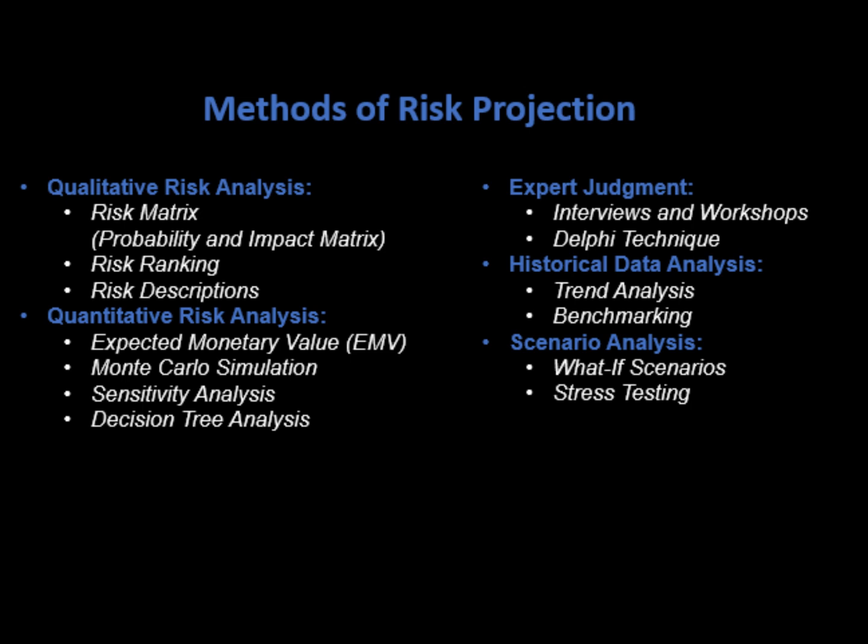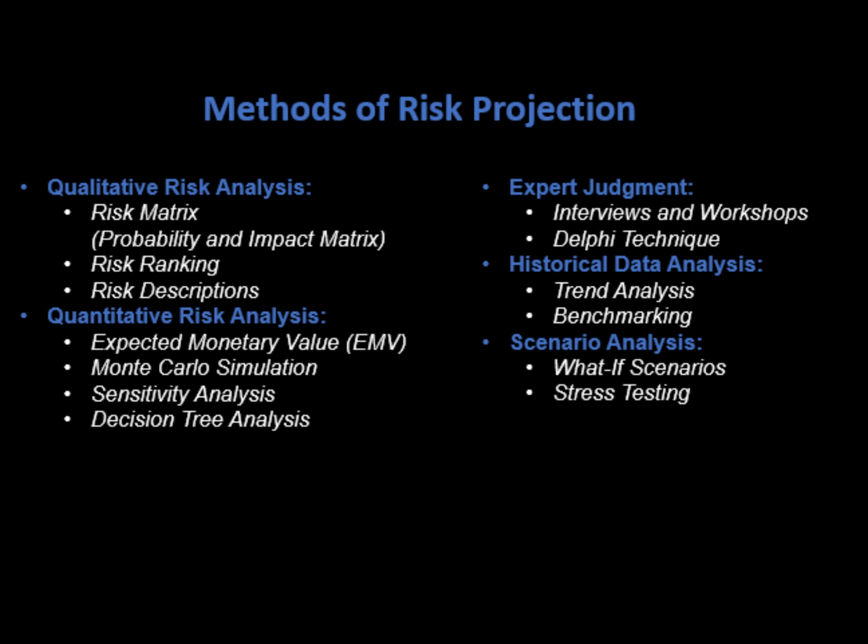Sensitivity analysis. Analyze how changes in risk factors affect project outcomes to identify which risks have the most significant impact. Decision tree analysis. Use decision trees to map out different scenarios and their possible consequences, helping to evaluate the cost benefit of various risk responses.